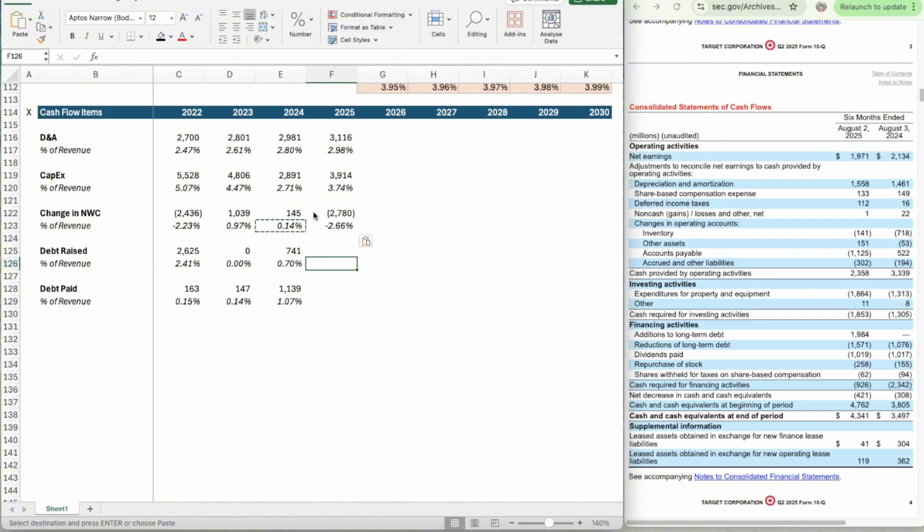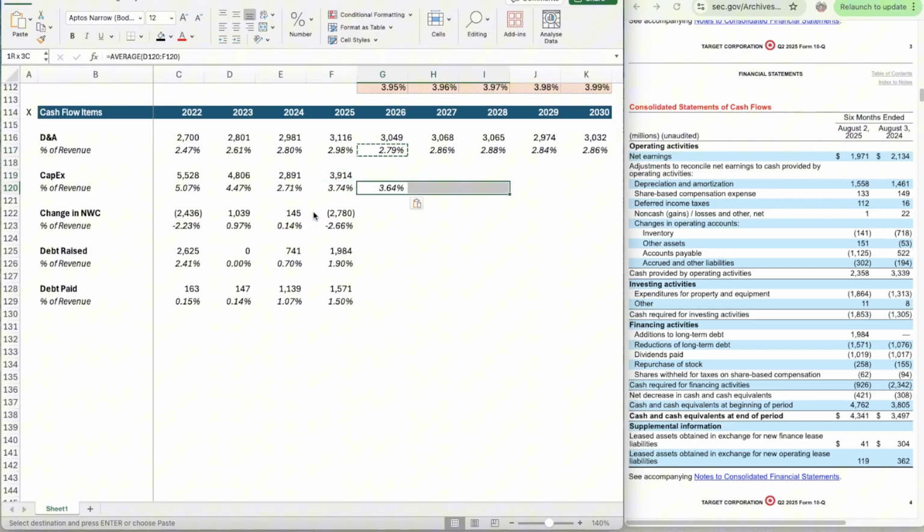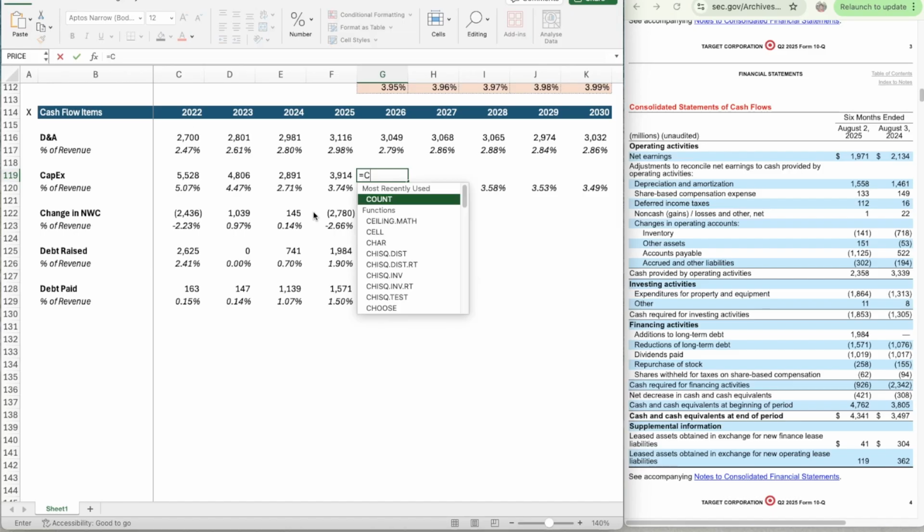Then additions to long-term debt. I mean, look, right now we'll keep it the same because it doesn't necessarily mean in the second half of the year they're going to take on more debt. 1571 equals C105 multiplied by C105.